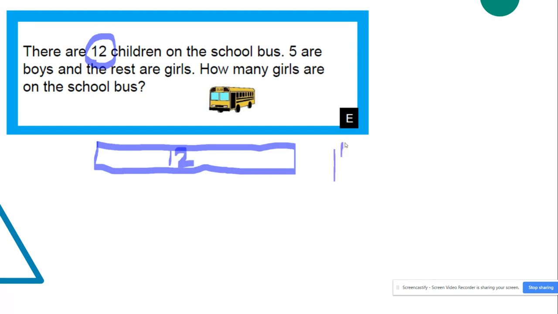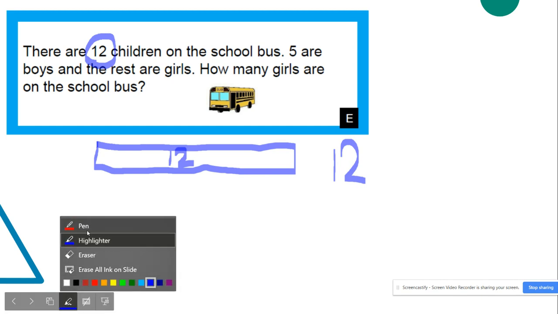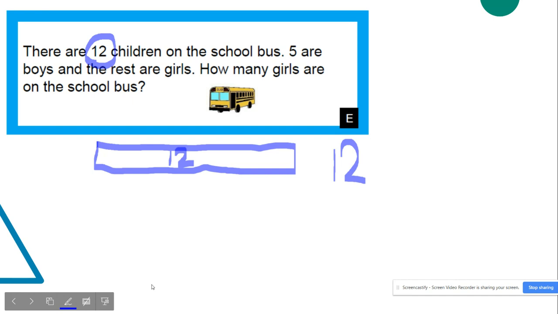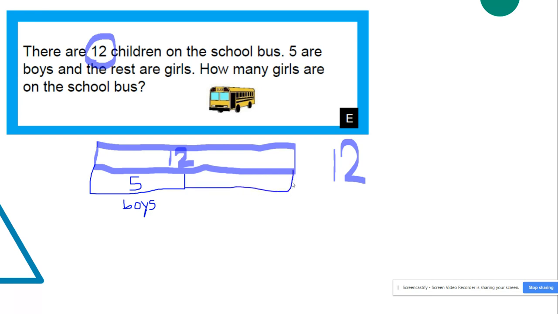So we can represent it with a picture and we can represent it with a number. 5 are boys and the rest are girls. So I know I have one part, 5. These are boys. 5 are boys. So the question's asking you, how many girls? So it's this part. How many are girls?